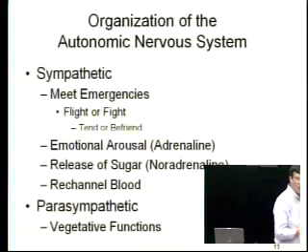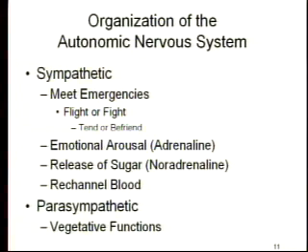Let's begin with the autonomic nervous system, which, just to carry through the theme of hierarchical organization, can itself be broken down into two components, what we call the sympathetic nervous system and the parasympathetic nervous system. Two branches, if you will, of the autonomic nervous system.